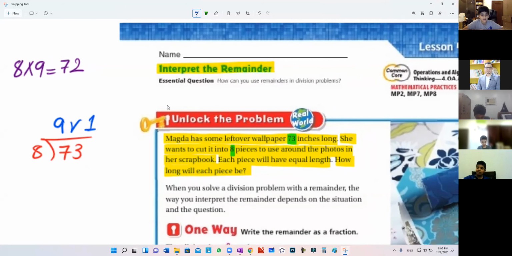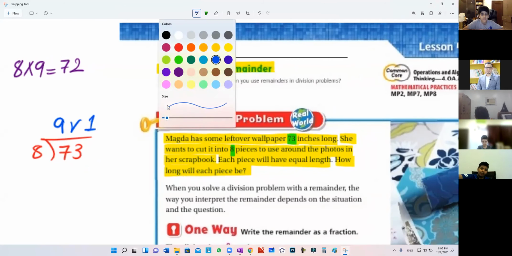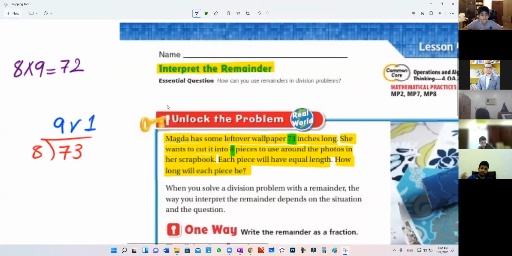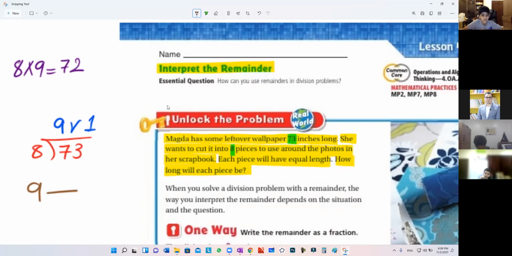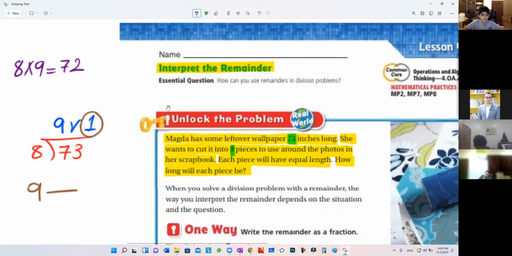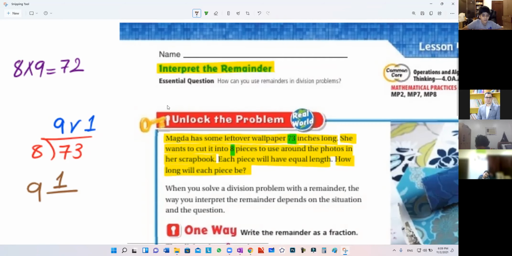That's great. If you want to write it in the form of a fraction, we write the whole number quotient, which is 9, and put the remainder up here and the divisor down here. So our answer will be 9 and 1/8.